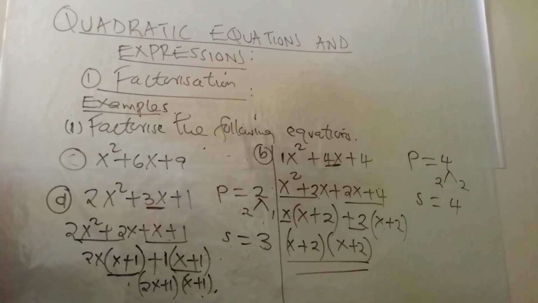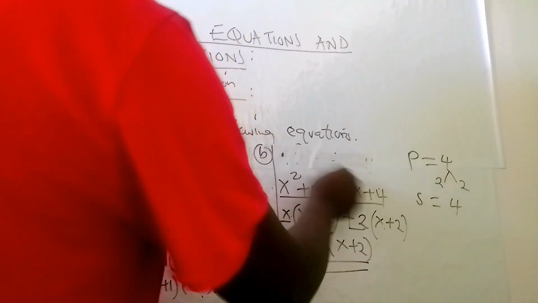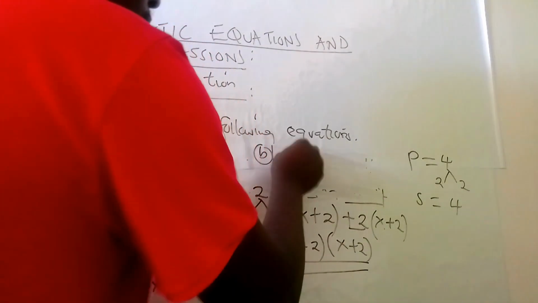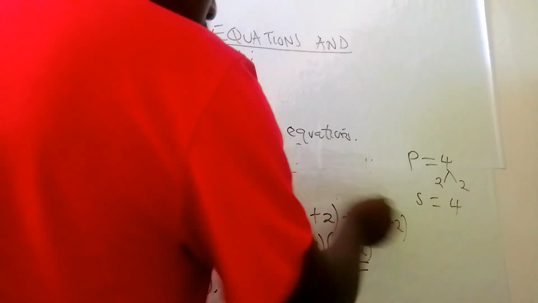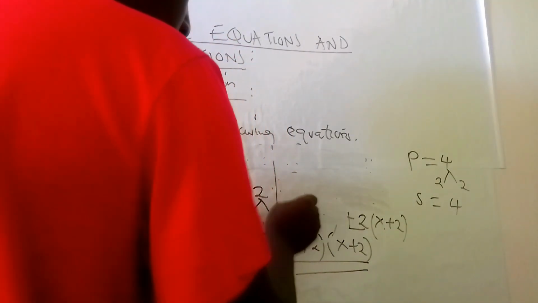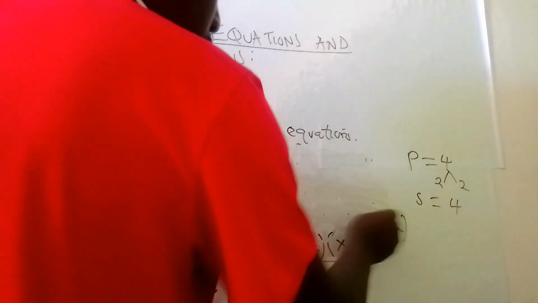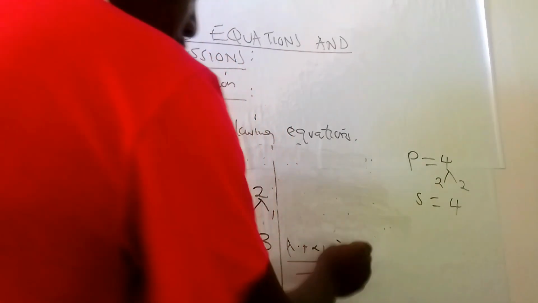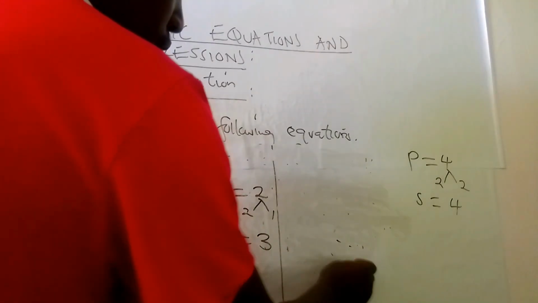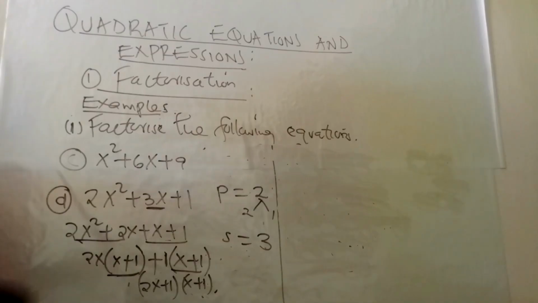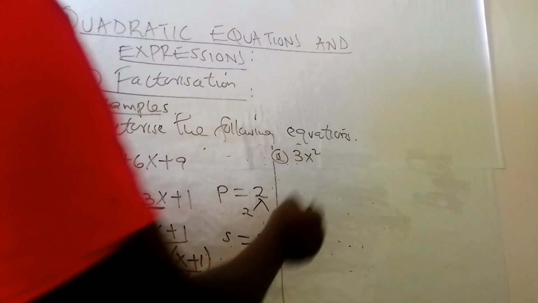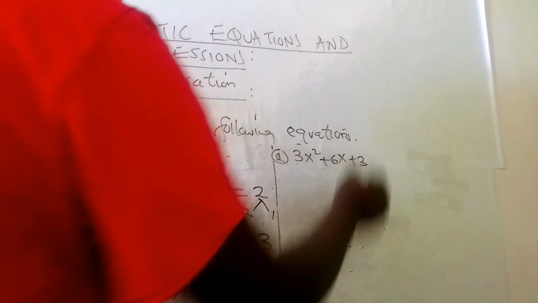We move on to another, example number 5. For example number 5, we are going to have 3x squared plus 6x plus 3.